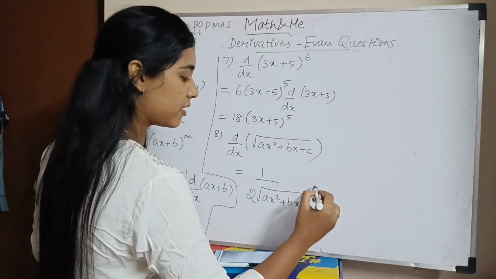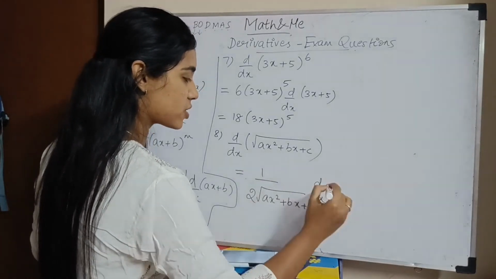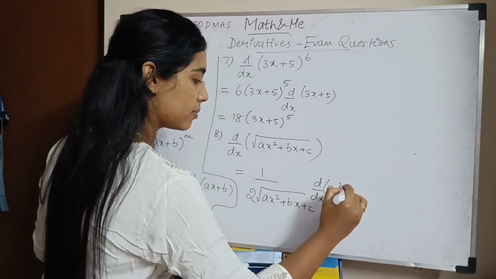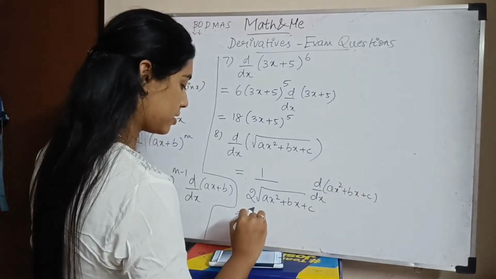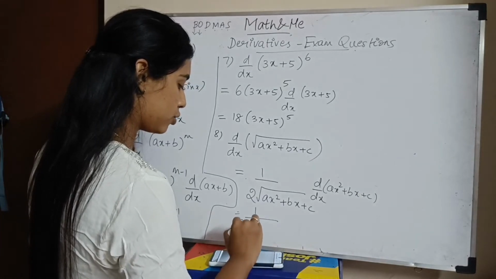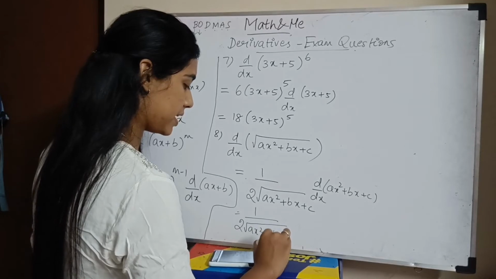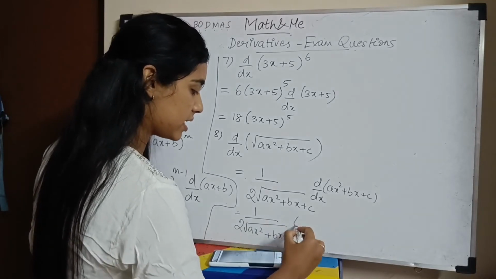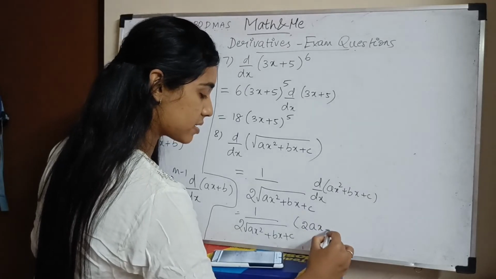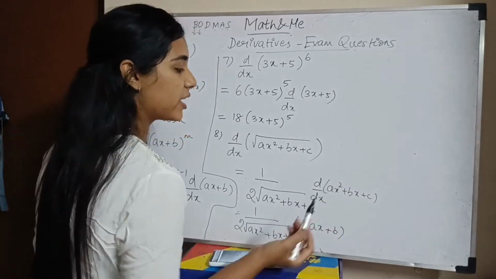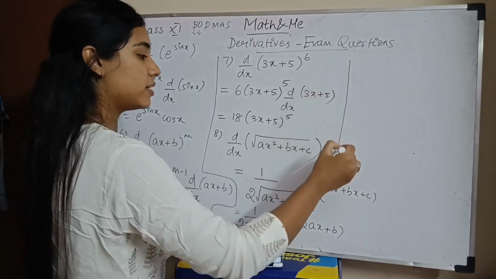In turn, you take the derivative of the function that is inside. So ax square plus bx plus c. So what do you get? 1 by 2 root ax square plus bx plus c times what is the derivative? 2ax plus b. c, the derivative is 0 because it is independent of x. Clear?